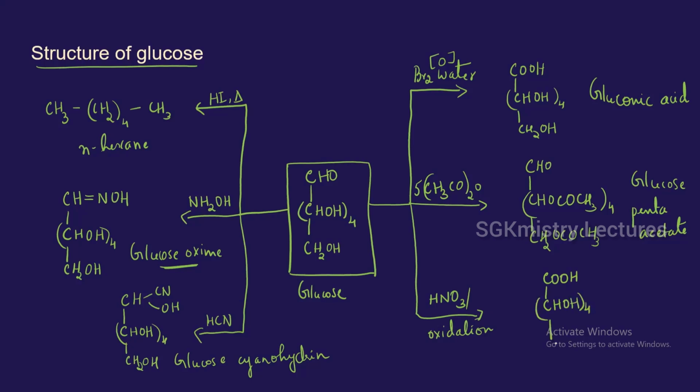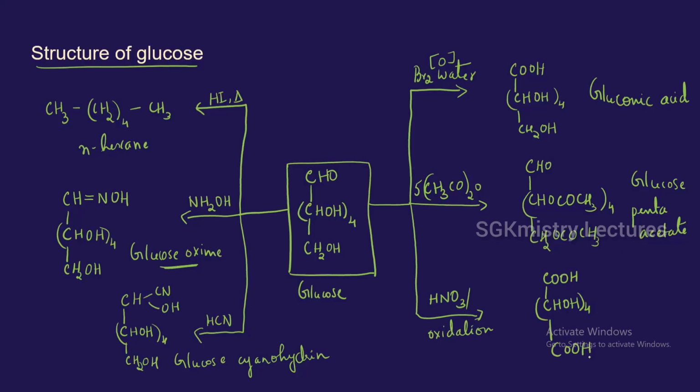COOH, then 4 times CHOH, and here COOH. So both the aldehyde group as well as the last carbon atom, the carbon atom having the alcoholic OH group, were oxidized to COOH.